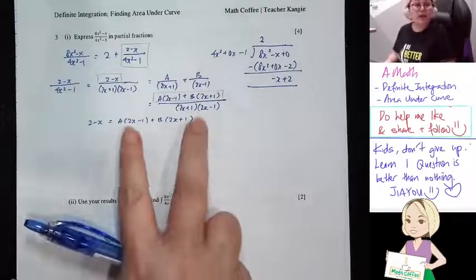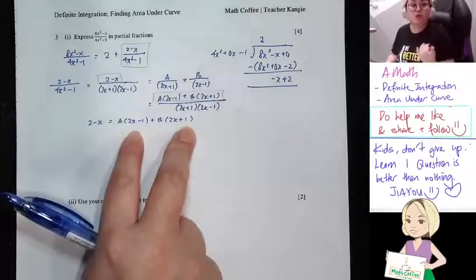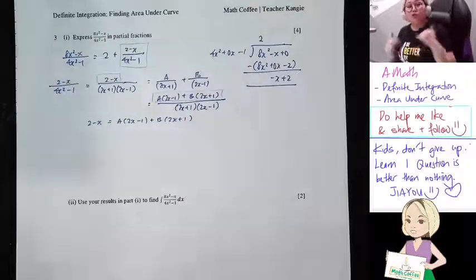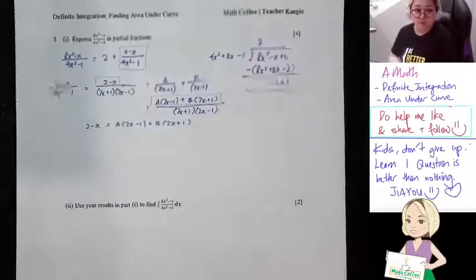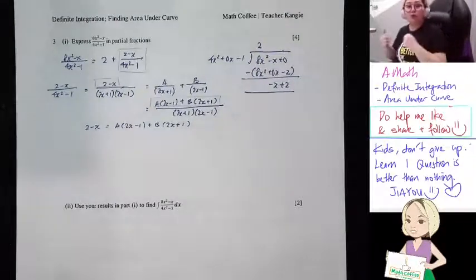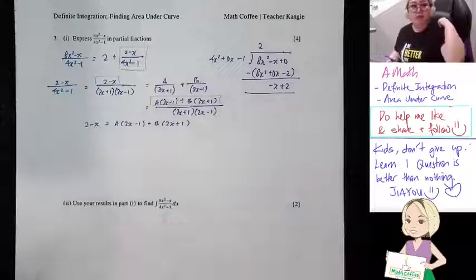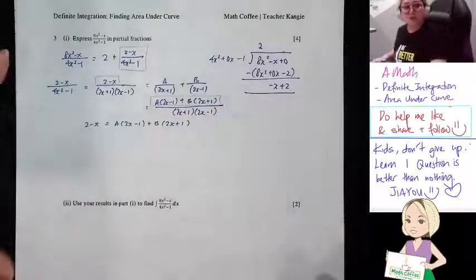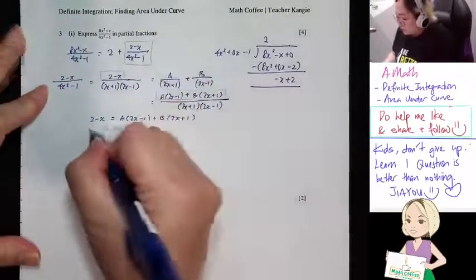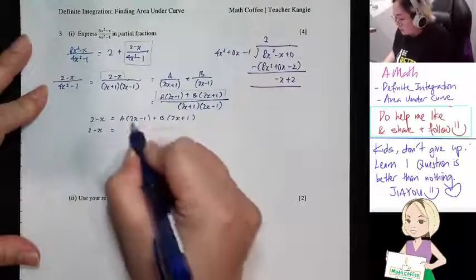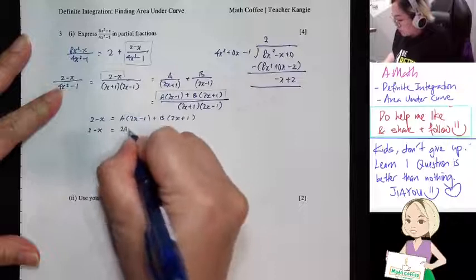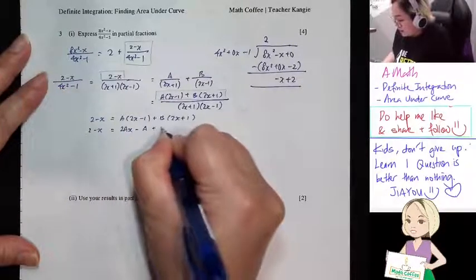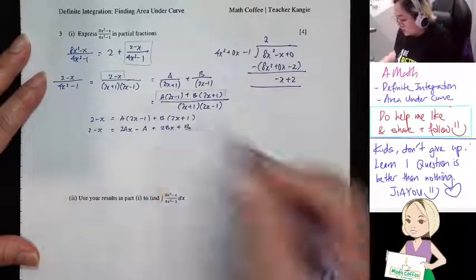This right hand side is not so difficult to expand. So we actually can use compare coefficient to solve my a and b, or you can sub suitable values, also can. For me, let's do the comparing coefficient since this one is easy to expand. So what I'm going to do is 2 minus x, keep this one expanded: 2ax minus a plus 2bx plus b.